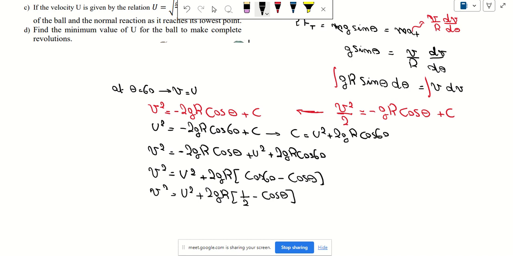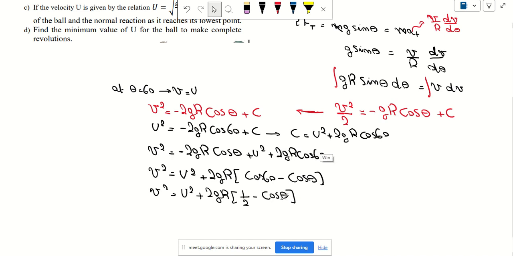I'm confused. Okay, again, v squared is equal to negative gr cosine 60 plus c. This one is from the integration, okay? And we know that the initial condition was theta is equal to 60, v is equal to u. So I'm just substituting: at theta equal to 60, u squared is equal to negative gr cosine 60, because at theta equal to 60, v is equal to u.